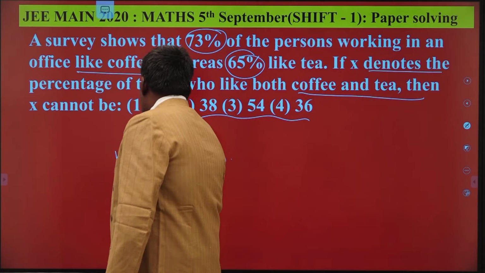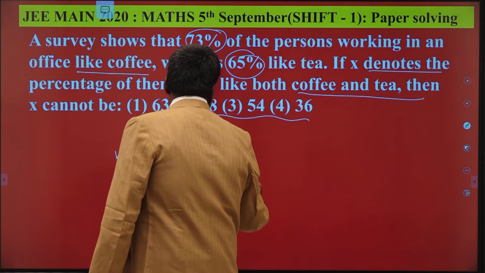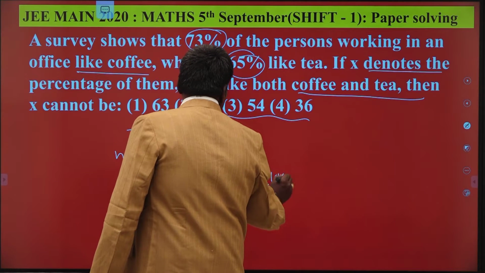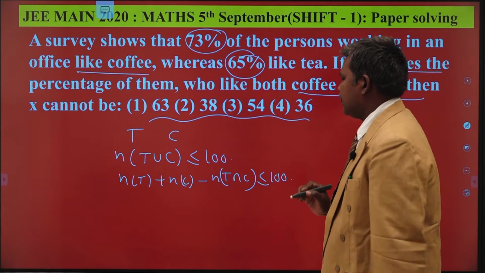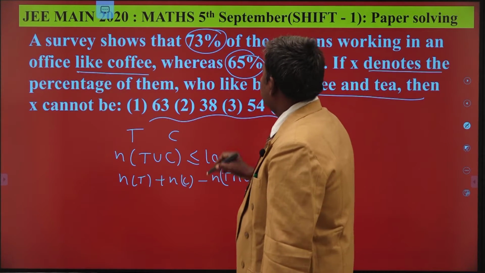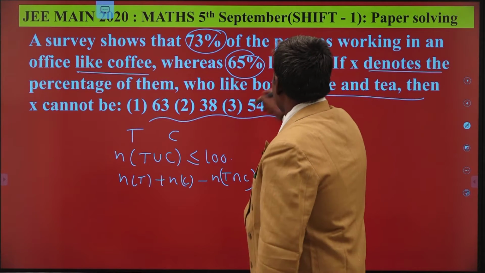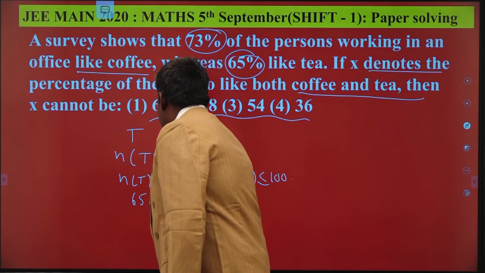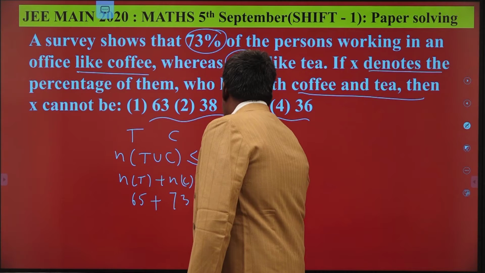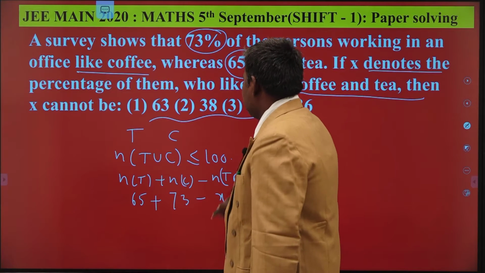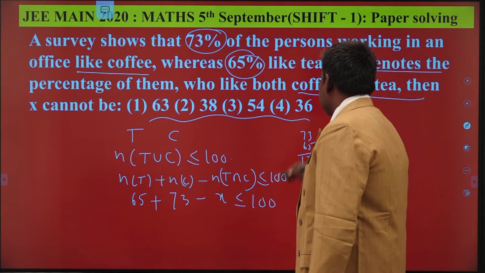This is nothing but n of T plus n of C minus n of T intersection C is less than or equal to 100. n of T is 65 and n of C is 73. So 65 plus 73 minus x is less than or equal to 100. 73 plus 65 is 138.